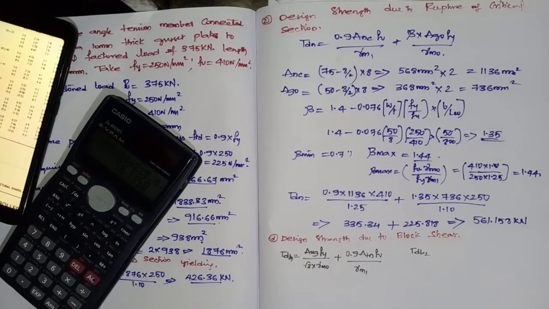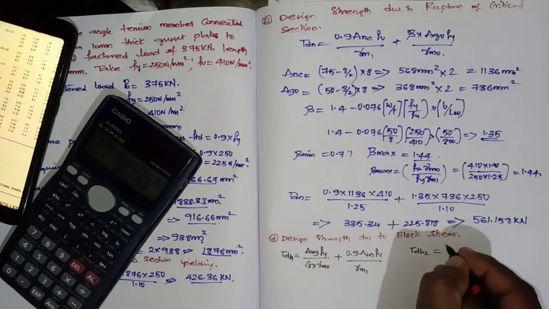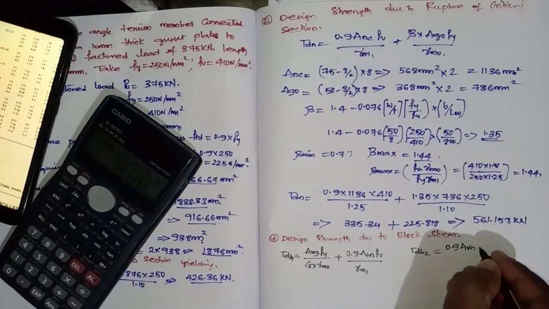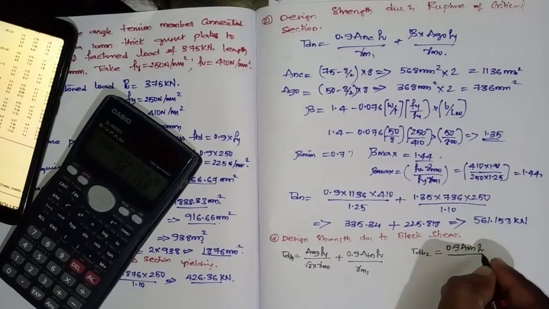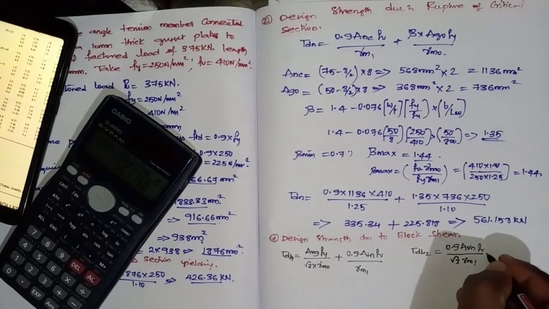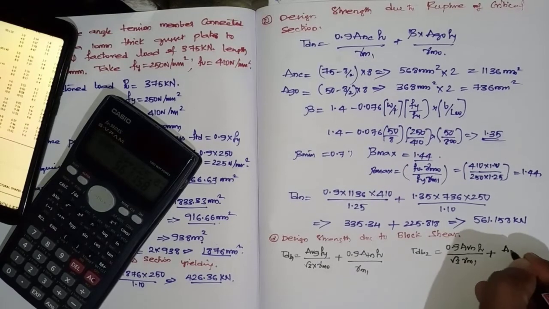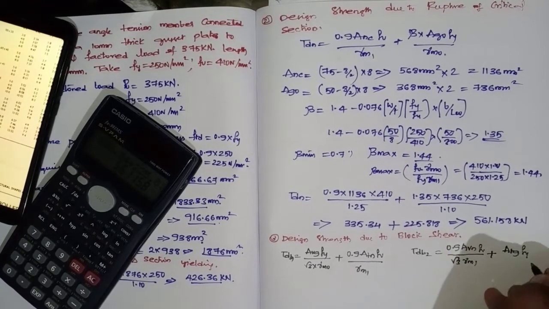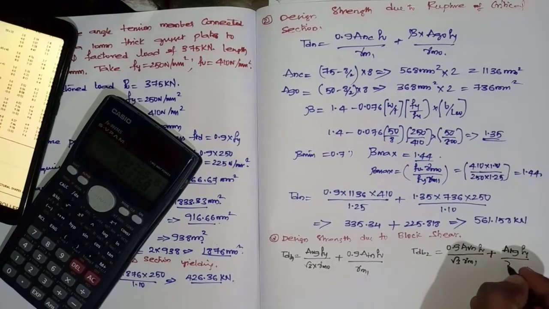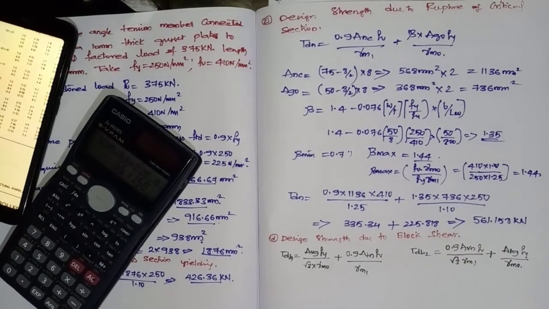now this is equals to 0.9 into AVN Fu by root 3 gamma m1 plus ATG Fy by what? Gamma m0. This is the formula.